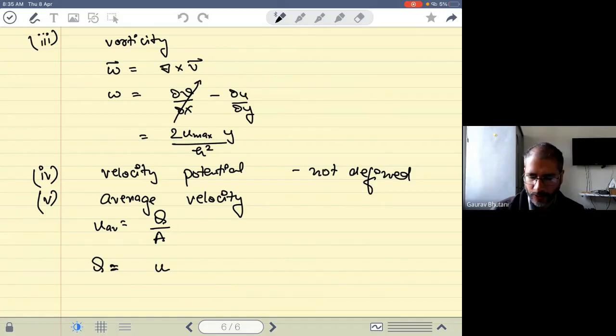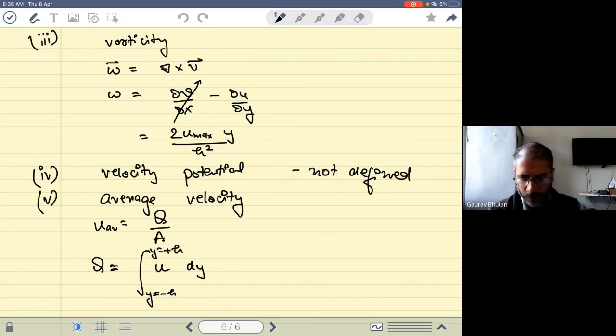But in this case, it's simply a line. So u times dy. And this integral happens from y equal to minus h to y equal to plus h. So that will give us the flow rate.